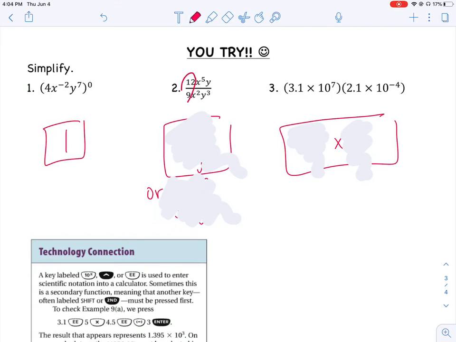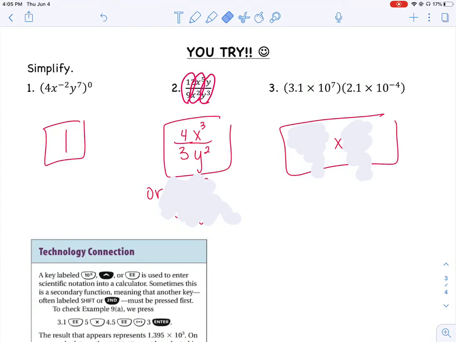All right, look at number 2. I have coefficients here. 9 doesn't go into 12 evenly, but I can reduce. What number goes evenly into 12 and 9? It looks like 3 does, right? And so we can reduce that. You should also be able to put together your like bases. So your x's should be able to be combined, and your y's should be able to be combined. And so I reduce my coefficients, my 12 over 9, to 4/3.